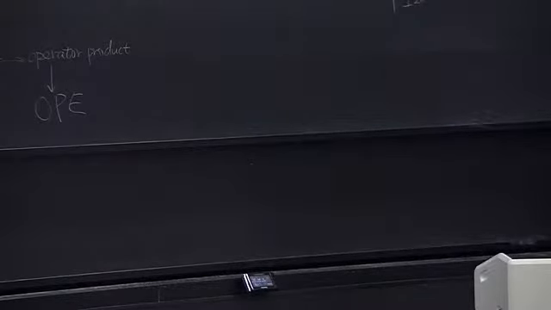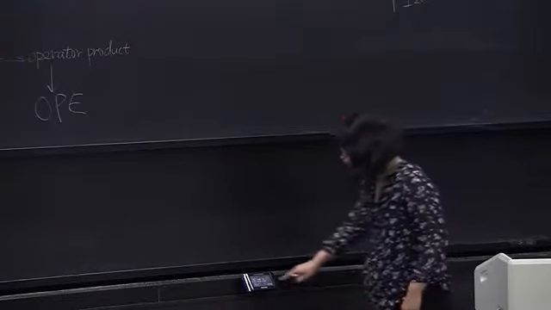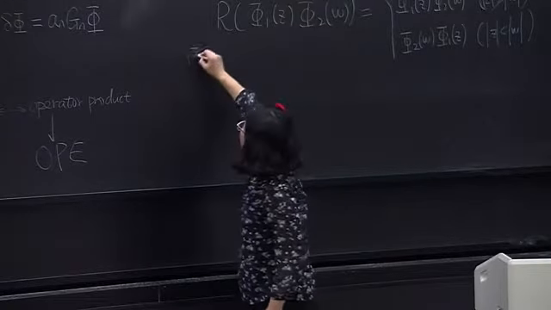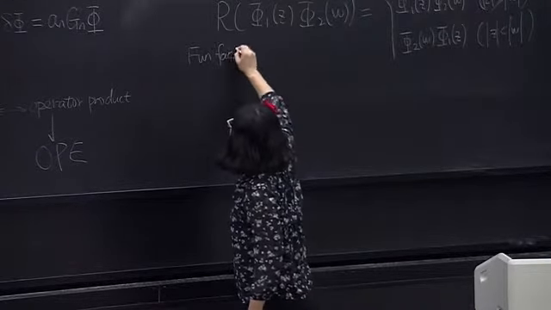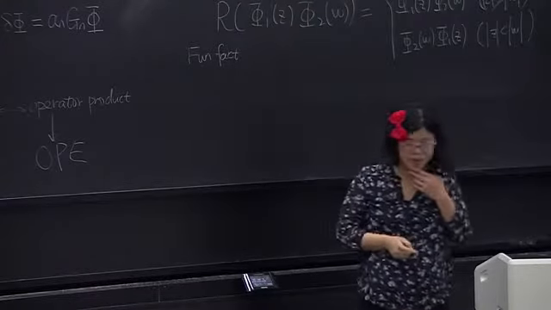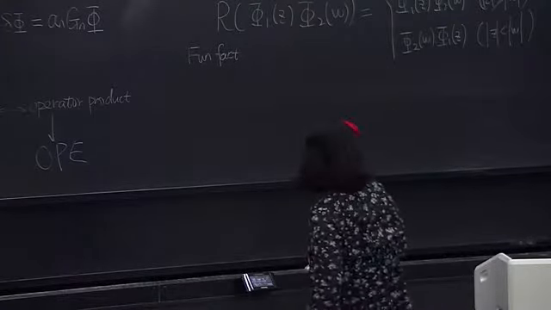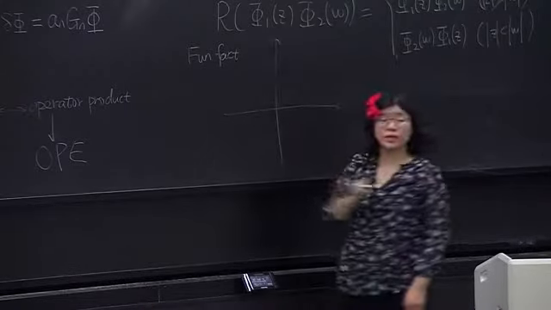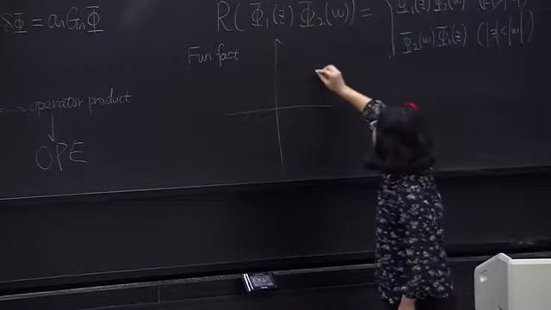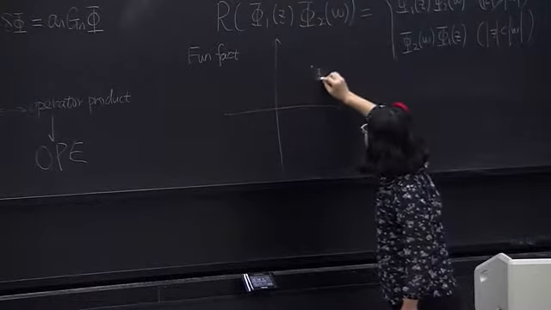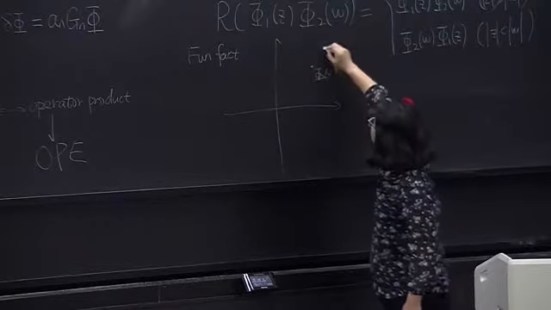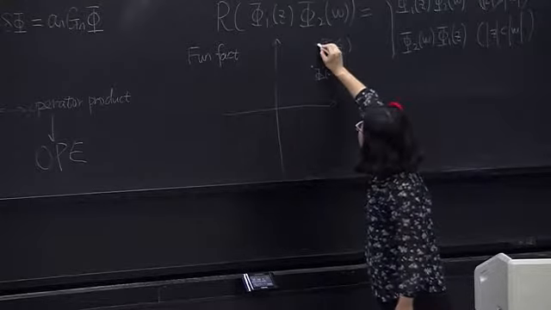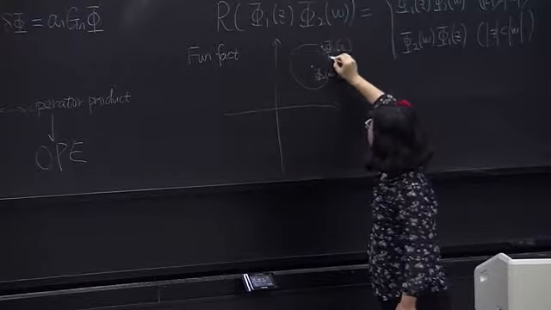And now we're going to be interested in a mathematical fun fact, or some curiosity leads us to ask such a question. Well, this fun fact will be very useful later. Which mathematicians are very interested in, it says, suppose I have an operator here, and I have an operator here. And the question I want to ask is, what if I bring it around a circle and come back?